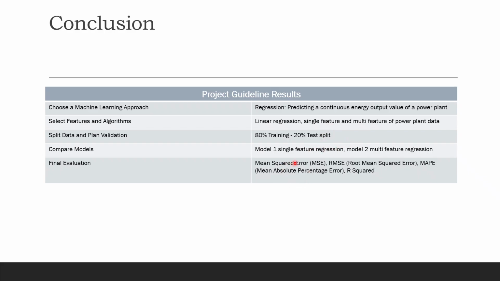And then we compared our Model 1 single feature regression and Model 2 multi-feature regression. And then we used our mean squared error, root mean squared error, mean absolute percentage error, and R squared in our final evaluation to determine the accuracy of our predicted electrical output versus the actual energy output.